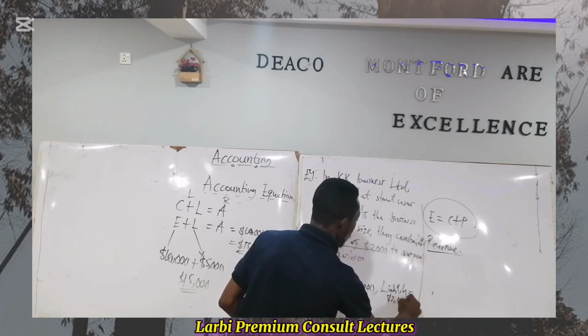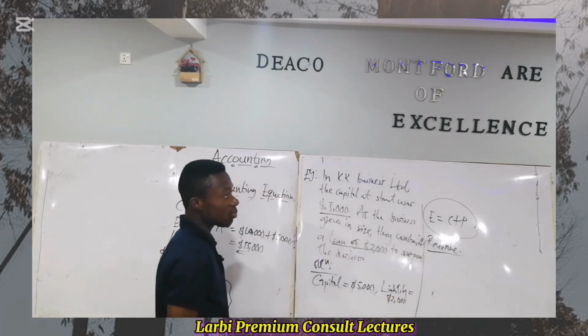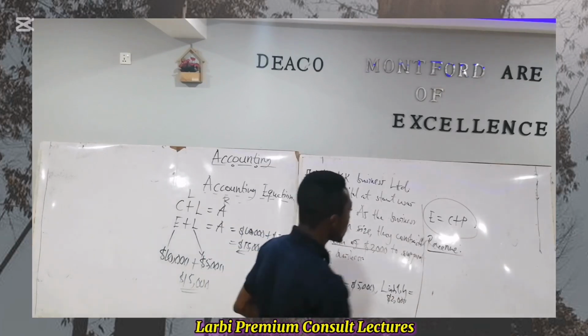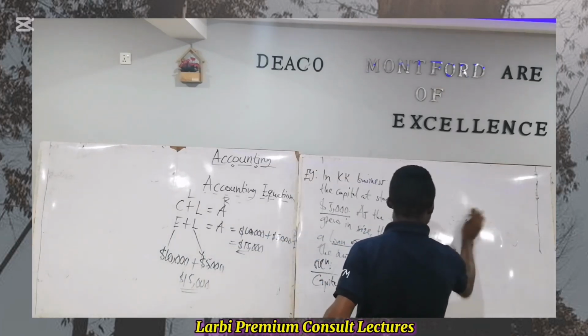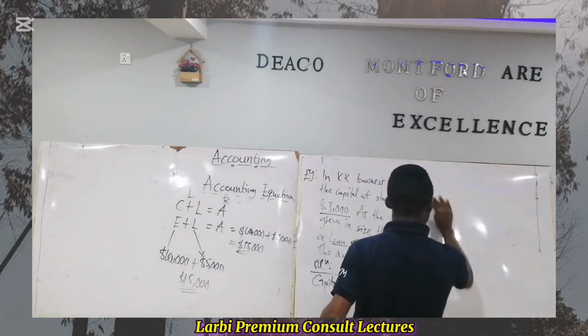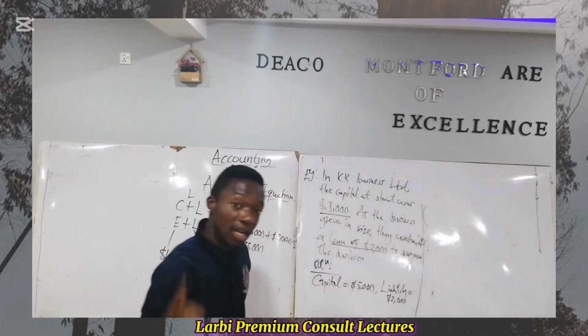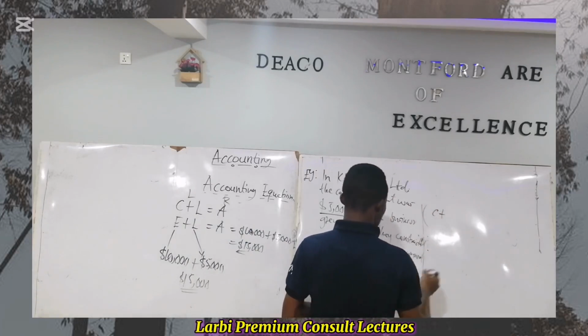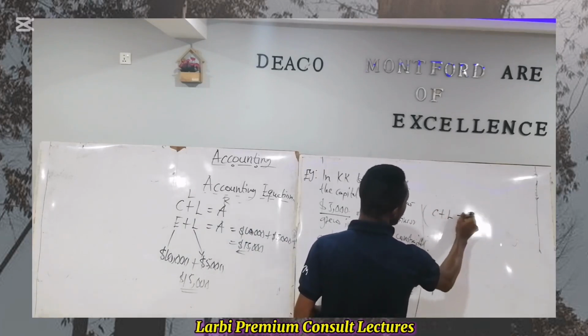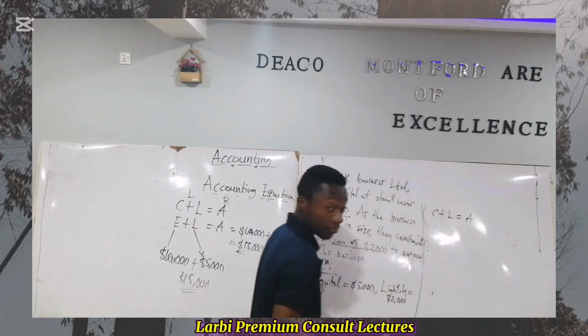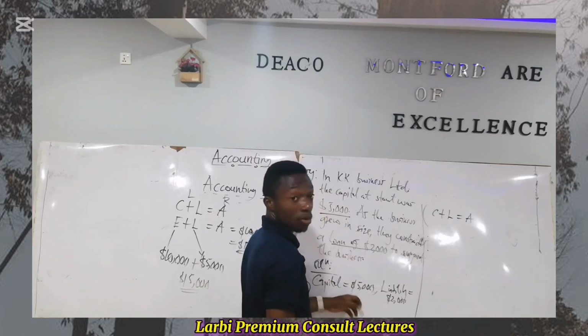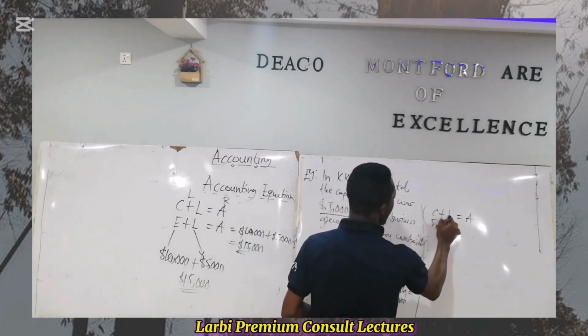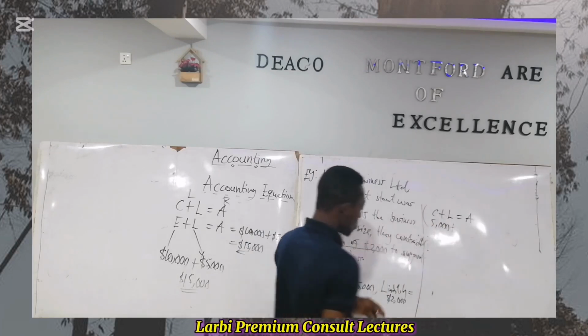$2,000. So with respect to the accounting equation, we said that where resources are being provided by two parties, then we have our capital plus what? Liability being equal to the asset. So what is happening here? Our capital was what? 5,000. Okay. Our liability was what? 2,000.